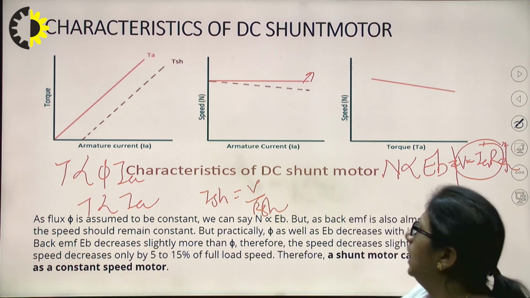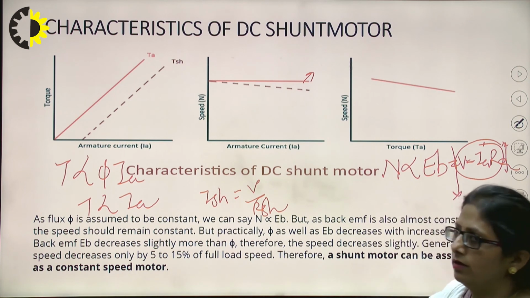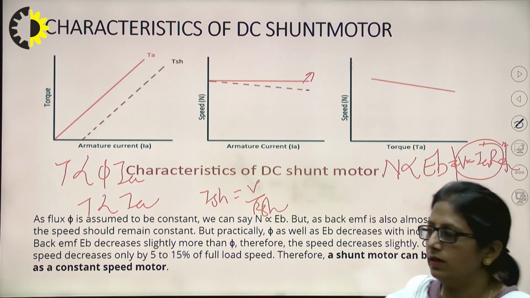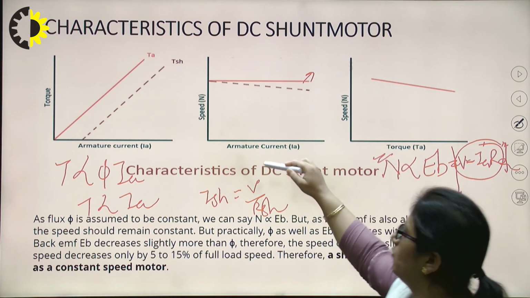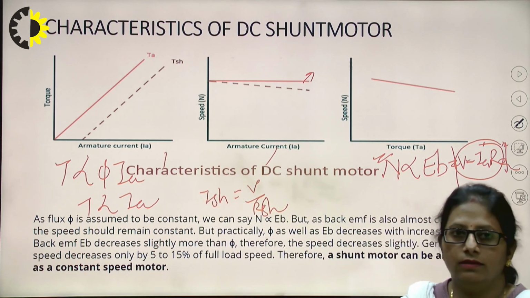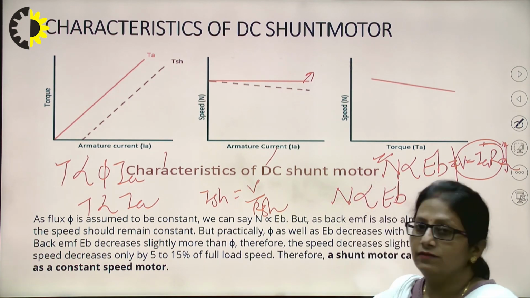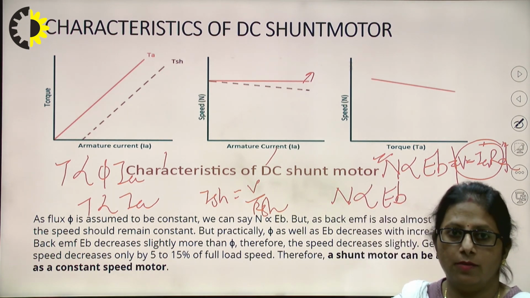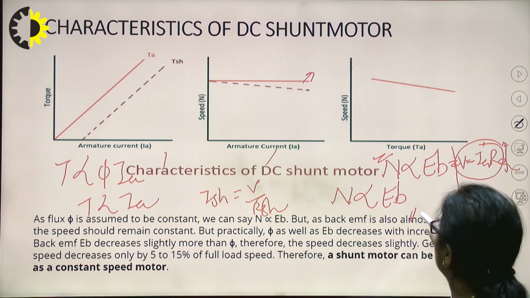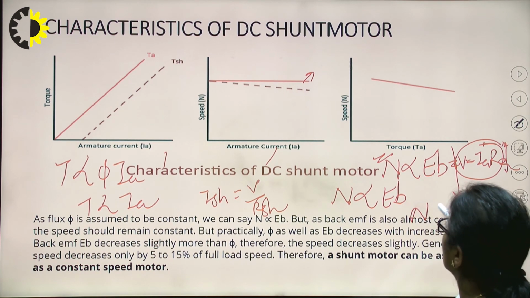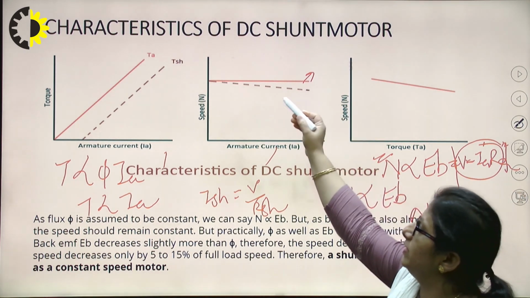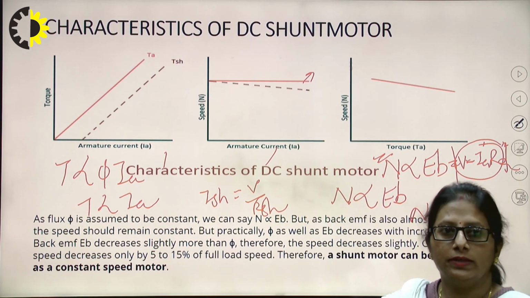The same is with the last, that is speed versus torque. As we have seen in the case of series, the last one can be derived from the earlier two. Speed is proportional to back EMF. We have seen in the earlier case, with armature current, that the speed decreases a bit, by a small amount, with the increase in the armature current.